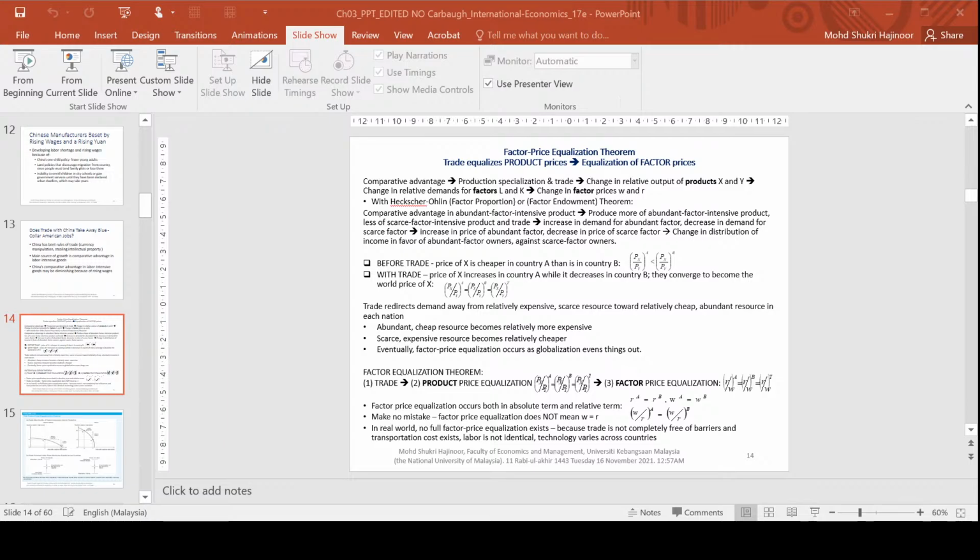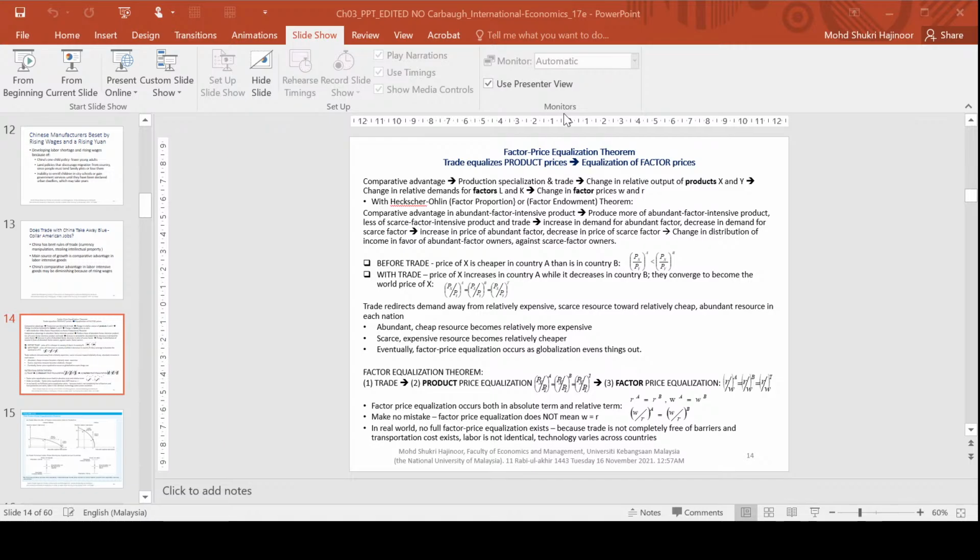So with the Heckscher-Ohlin factor proportion or factor endowment theorem, a country has comparative advantage in abundant factor intensive products, which use the factors that are available a lot in that country. This leads to production of more abundant factor intensive product, less of scarce factor intensive product, and they trade.